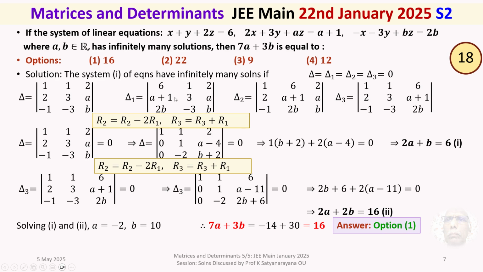Substitute. Likewise in delta 2 also you do it and evaluate the determinants, and you will find the determinants are 0. So taking a is equal to minus 2, b is equal to 10 in delta 1 and delta 2, we find on evaluation that delta 1 is equal to 0, delta 2 is equal to 0.